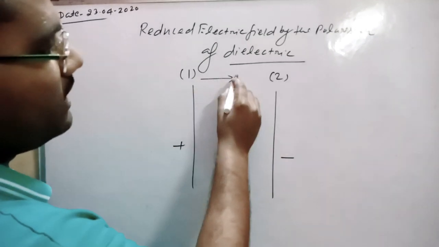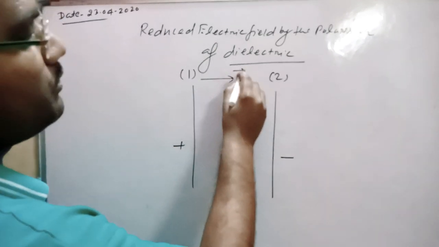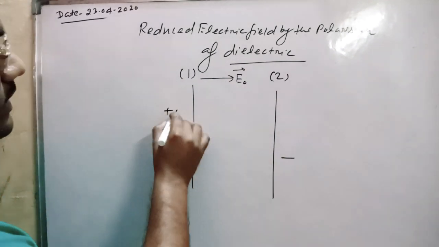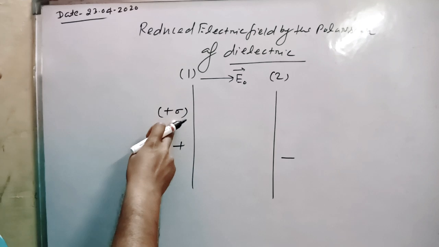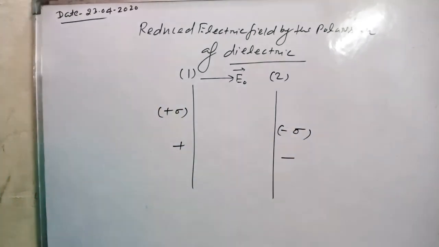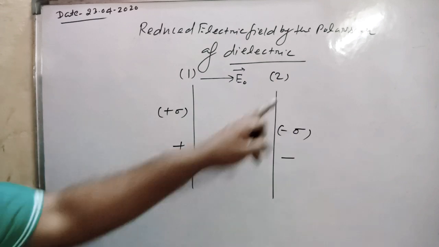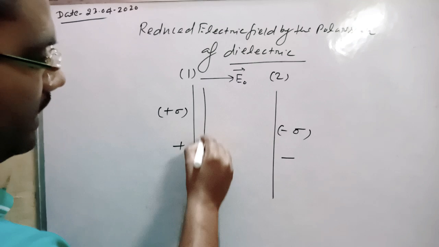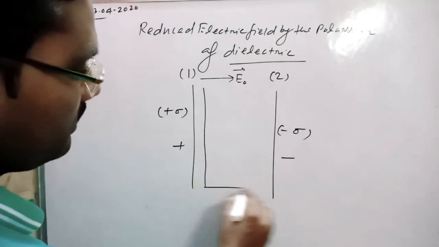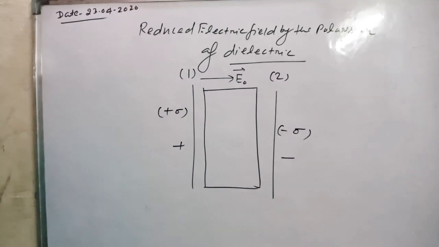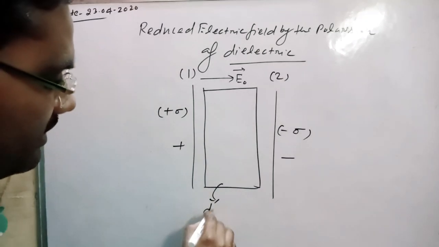That means an electric field is produced from positive to negative. Let plus sigma 1 be the surface charge density of the first plate and minus sigma 1 the surface charge density of the second plate. Now here we place a dielectric.